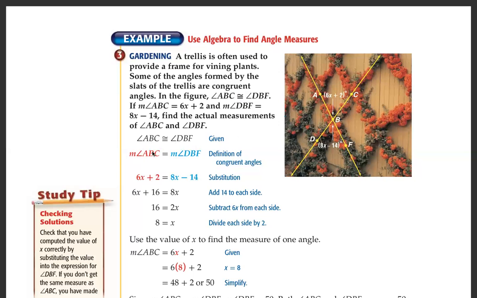So since we have this equation now, we replace ABC with what it is equal to, 6x plus 2, and DBF with what it is equal to, which is 8x minus 4. Okay, so we have 6x plus 2 equals 8x minus 4. Do the algebra. You want to put the x on the right side.